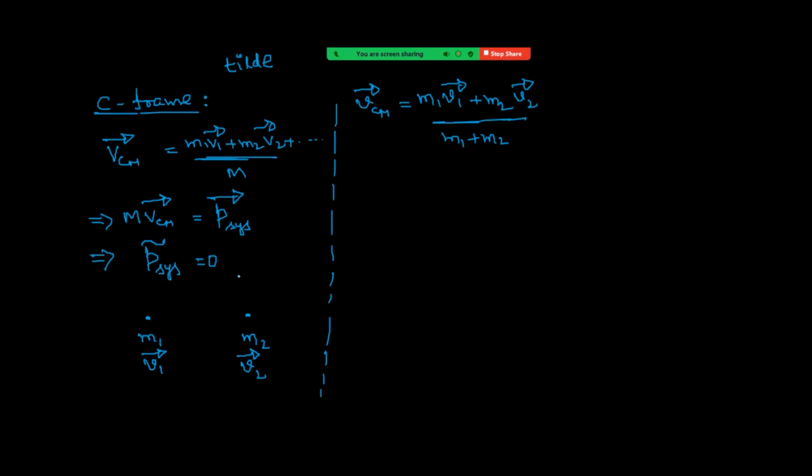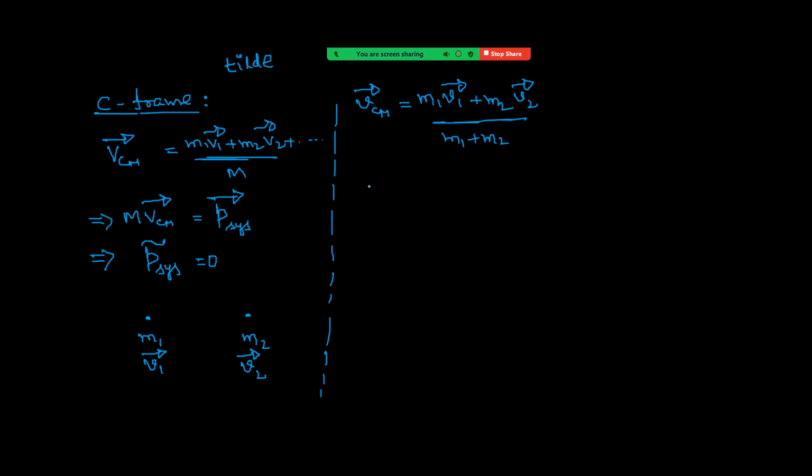Let us now focus on the velocity of each one in the center of mass frame, and then we can calculate the momentum of each particle in the center of mass frame. From this point we can say, in the center of mass frame, the sum of their momenta must be 0.